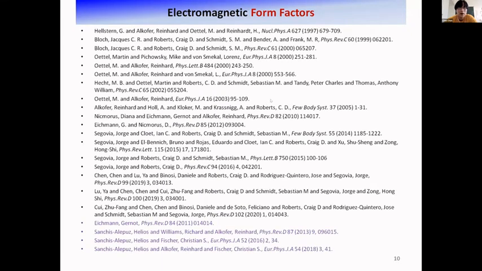For the electromagnetic form factors in the Dyson-Schwinger equation framework, we have a large number of publications, from the last century to last year. These black papers are computed in the quark-diquark framework, and these purple papers are computed in the 3-quark framework. However, for the axial form factors, the situation is much poorer.